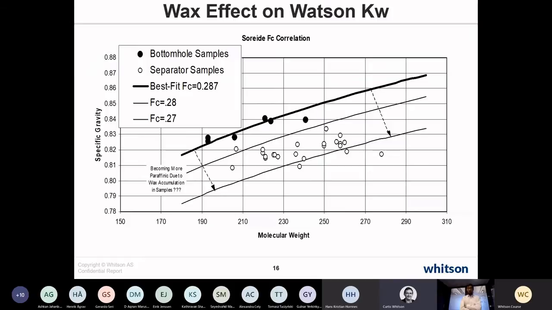In other words, it's sucking in extra wax that shouldn't be in that sample. You might also have a situation where you've lost some wax and you're sampling with too little wax. So it could go either way. The point is that if that wax excess or wax loss is occurring in connection with the sampling itself, then it wouldn't really help homogenizing with temperature in the lab. You see what I'm saying?